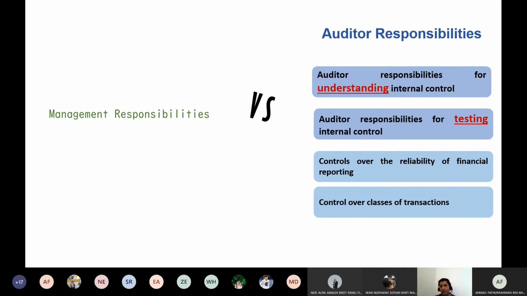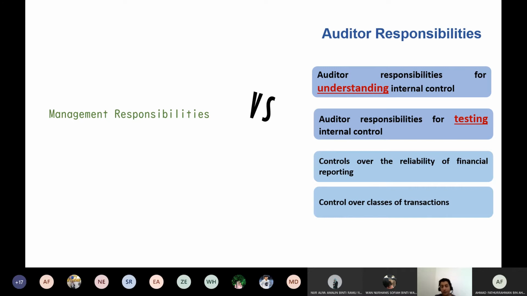The auditor's responsibility is first to understand the internal control, and also to test it. So understanding and testing the effectiveness of internal control should cover the internal control over the reliability of financial statements and the control over the classes of transactions.